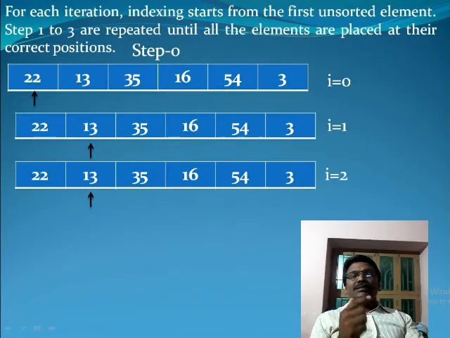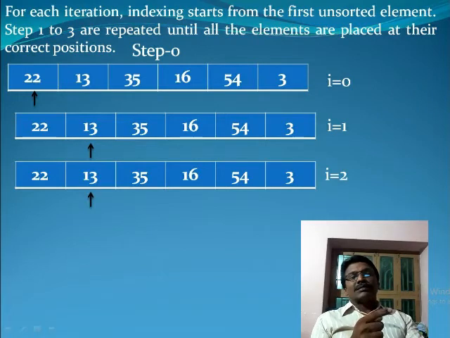Next iteration, i is 1. The second element is 13. Compare with the present minimum: a of 1 is 13, the smallest value, so the minimum is assigned 13.